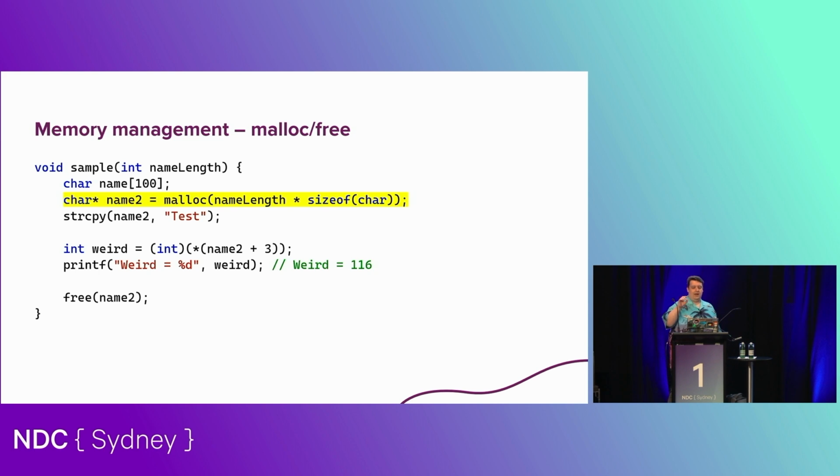Now, malloc is also going to return you a void star, which is a special kind of pointer. It's a pointer to anything you want, which also means that you can do some weird stuff. You can say, hey, I have this name2 pointer, and even though I typed it as a character pointer here, I can just change its address.